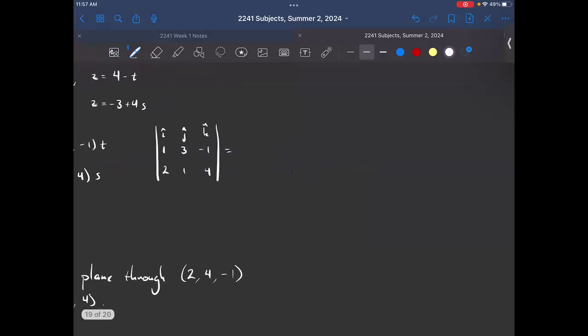All right, so let's see. I do my cross product. Remember, I do the determinant of that minor. So 3 times 4 minus minus 1 is 12 plus 1 is 13. Then for j, I like to use a shortcut where I go in the opposite direction: minus 1 times 2, subtract off 1 times 4.